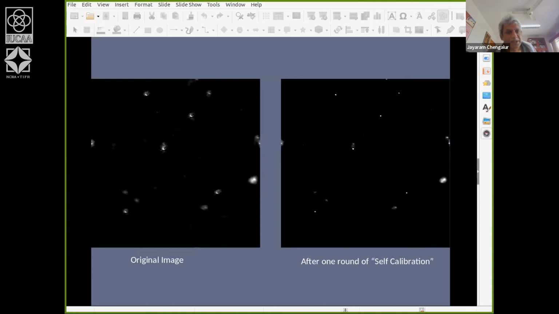The one on the left is the raw image, where you haven't corrected for the ionospheric errors. You can see the distortions in the image. This is an iterative algorithm, and I've shown you what happens after just one iteration. You can see how significantly sharper those images are.